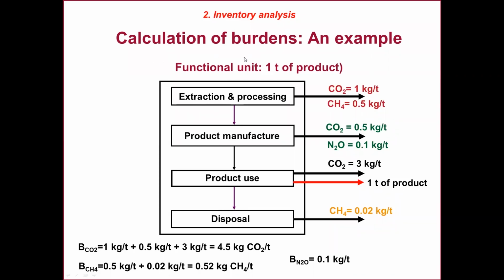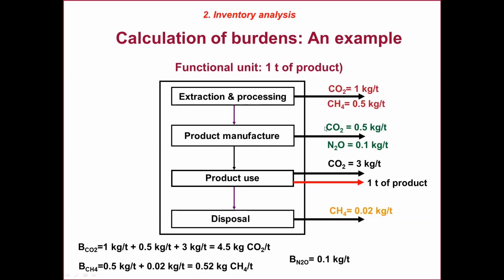So here, as an example, let's say we are analyzing 1 ton of a particular product, and we have these 4 life cycle stages: extraction and processing, manufacturing, use, and disposal.